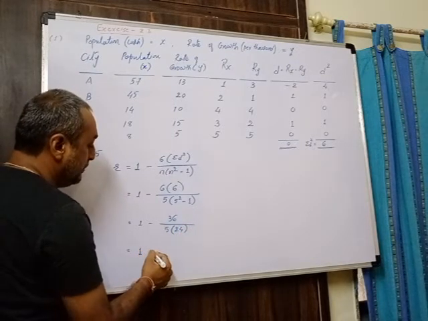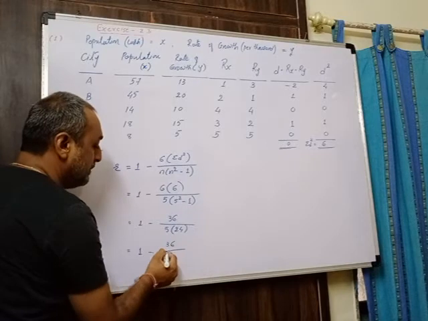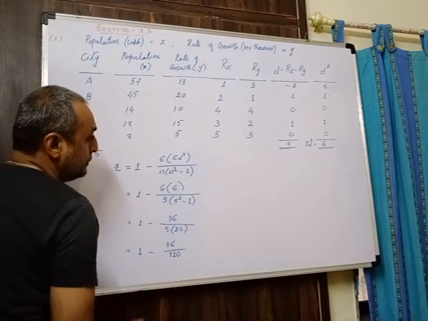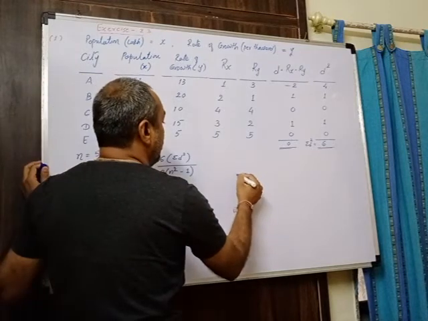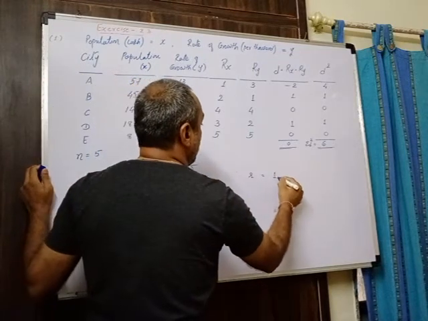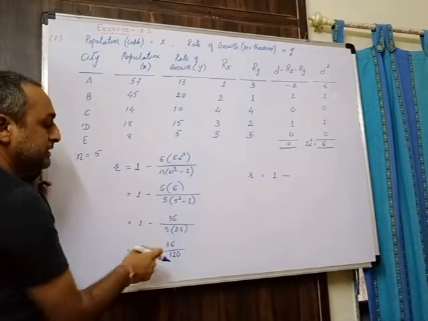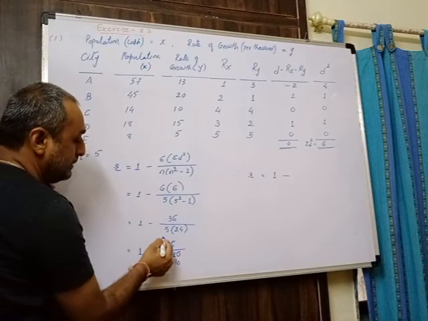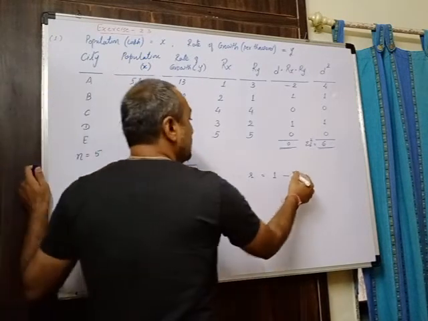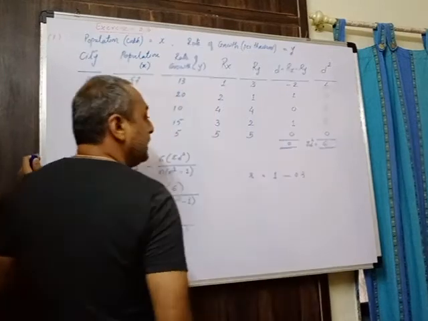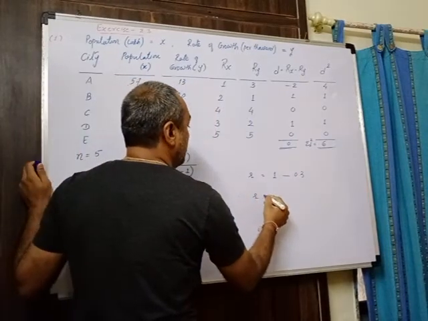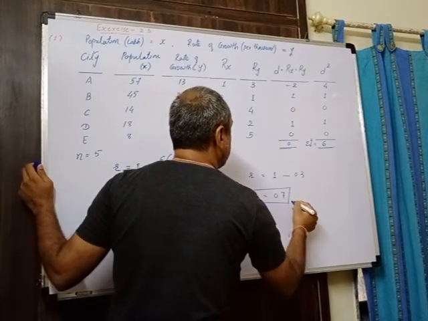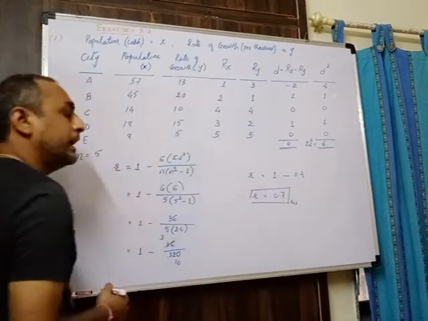That equals 1 minus 36 divided by 5 into 24, 120. Therefore R is equal to 1 minus 36 upon 120. 12 tens are 120 and 12 threes are 36, so 3 by 10, which is 0.3. So R is equal to 1 minus 0.3. How much is it? 0.7. That is your rank correlation.